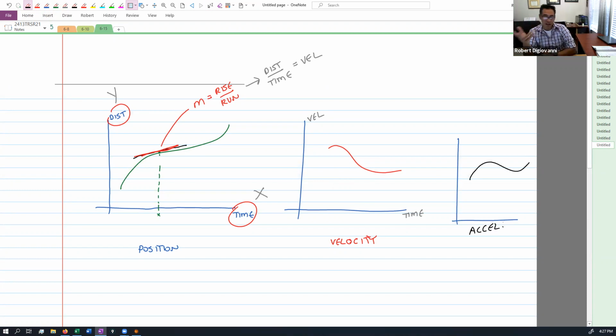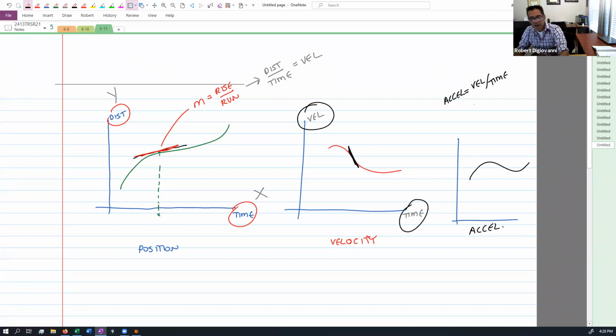The reason it's acceleration is because if I take my tangent line here, it'll be the y divided by the x. And what is velocity divided by time? Well, distance over time is velocity, right? Velocity over time is, by definition, acceleration.